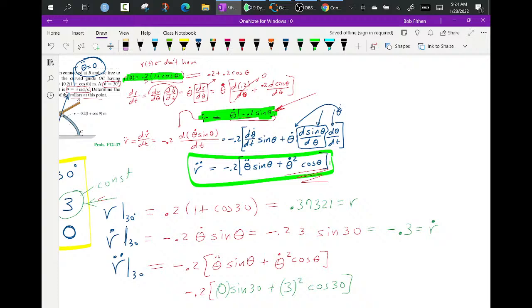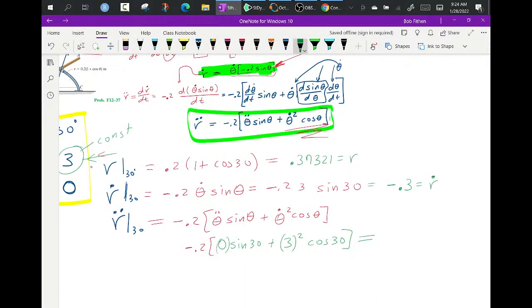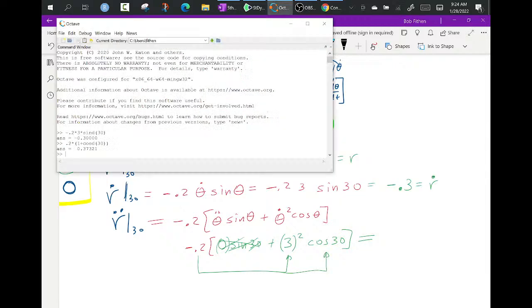And then the last one, okay, I have to be careful here because it is true that's 0, but it's this times that times that. So I don't want to forget the other term. Minus 0.2 times 3 squared times cosine degrees of 30.